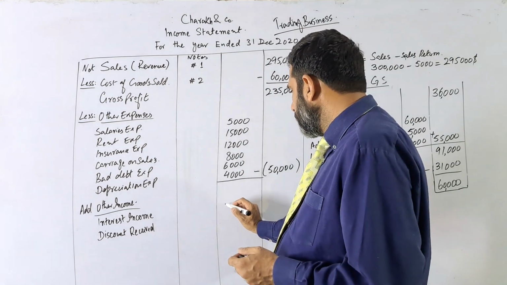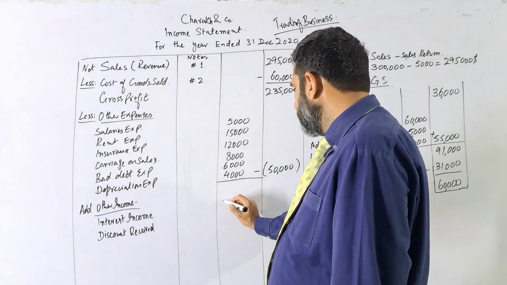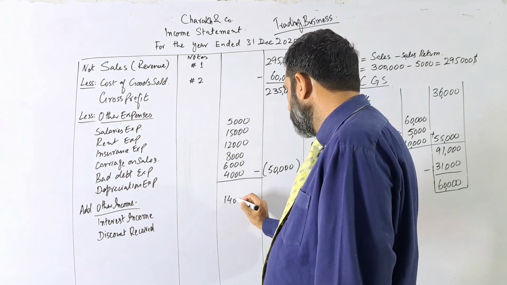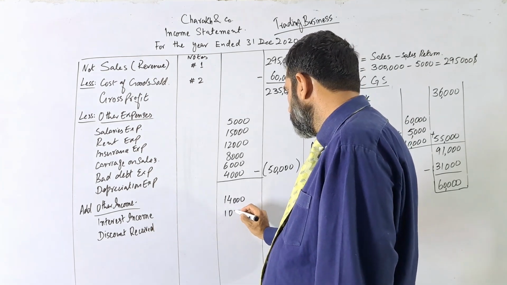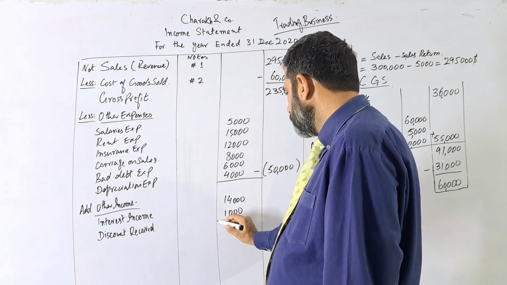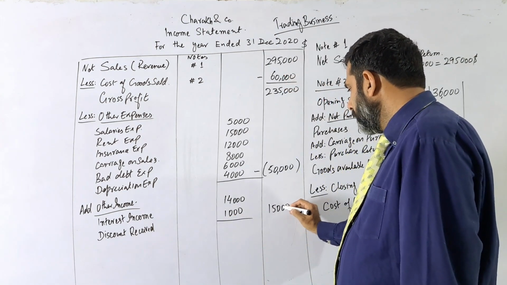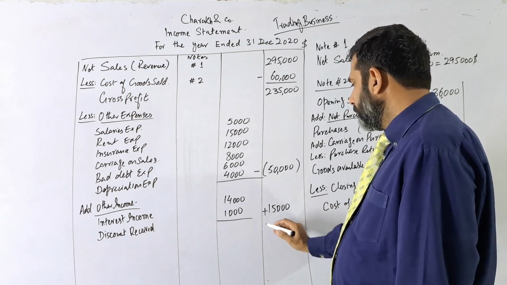We are just assuming 2 incomes are there. Let's say it is 14,000 and this is 1,000. So the total amount is 15,000. So it will be added.